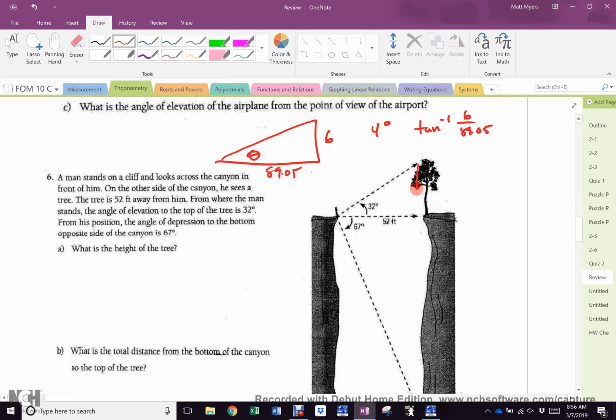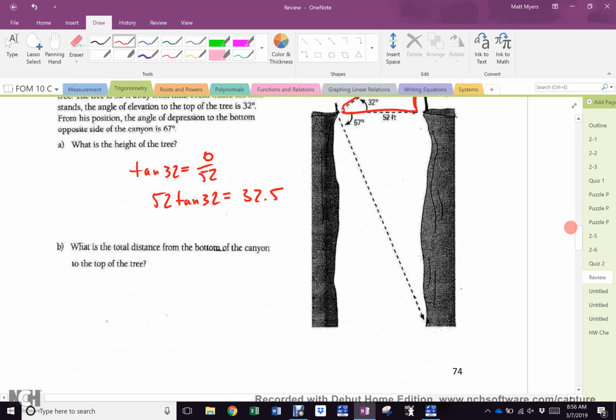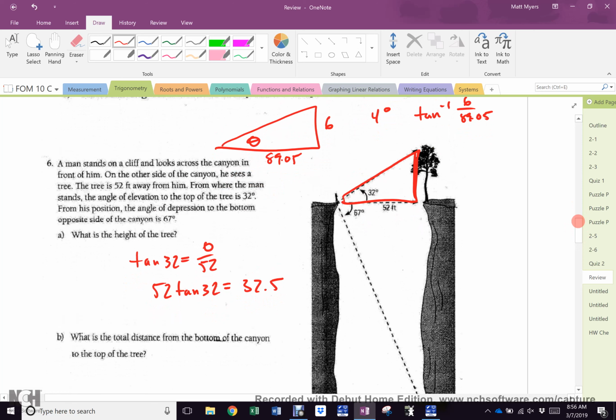Height of the tree, right there. That is tan 32 equals opposite over 52, so that is 52 tan 32, which is, if I'm not mistaken, 32 and a half. Yeah. Total distance to the bottom of the canyon, well, you know this is 32.5, so if you know this, you're going to add 32.5 plus that.